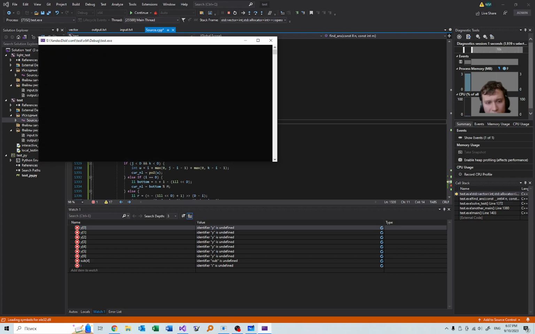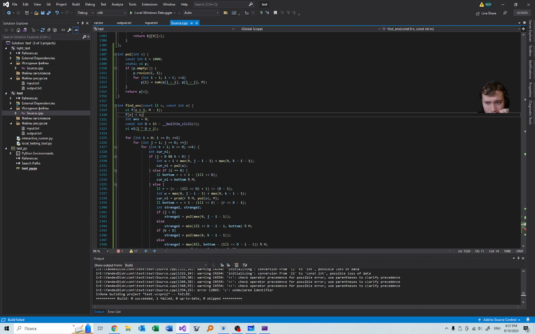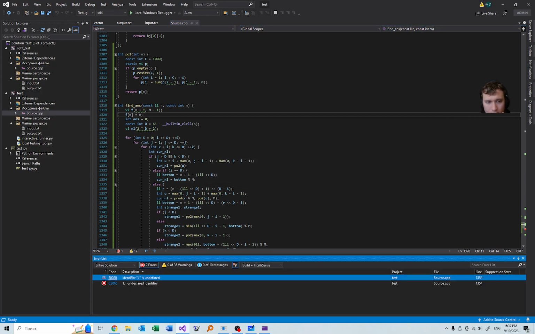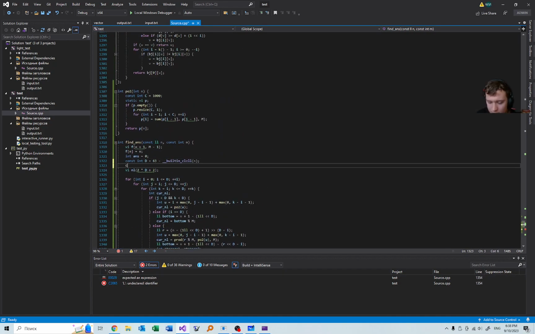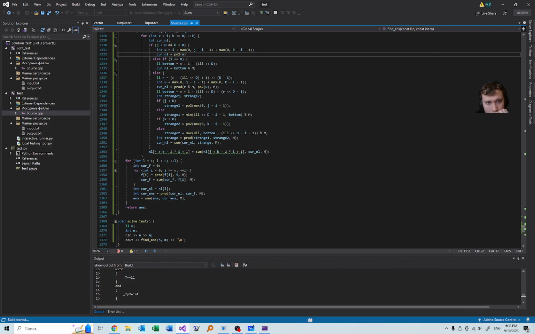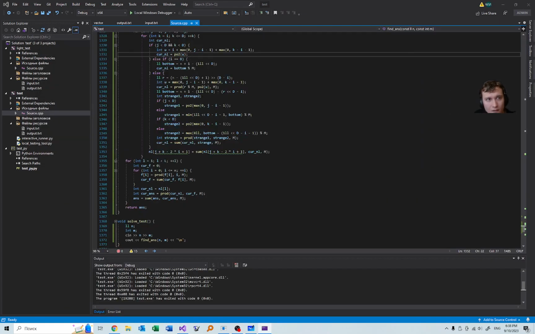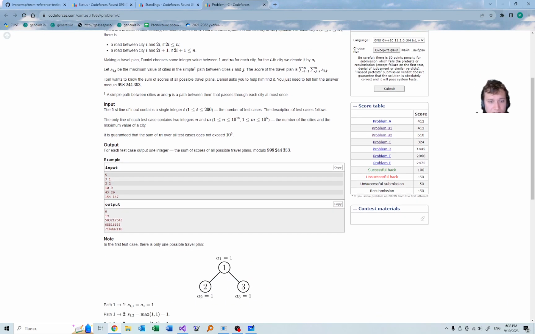I do not need L. So, actually L is 2 times d plus 2. This is the maximum possible length plus 1. And here we need to say that it is less than L. Okay, 6, 13. Okay, it's already incorrect.